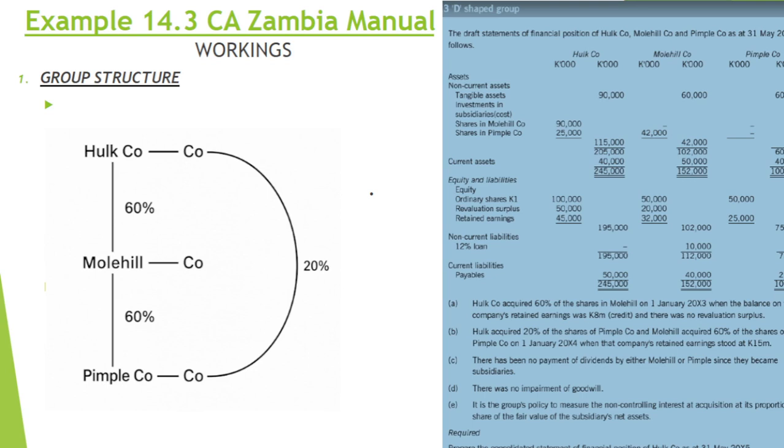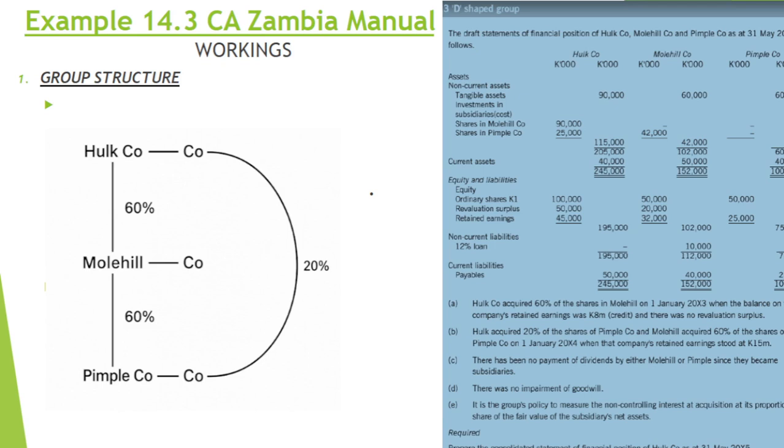You can see that Hook company acquired 60% of the shares in Mohill company here, on 1st January 2013. Mohill also acquired 60% of the shares in Pimpo company here.